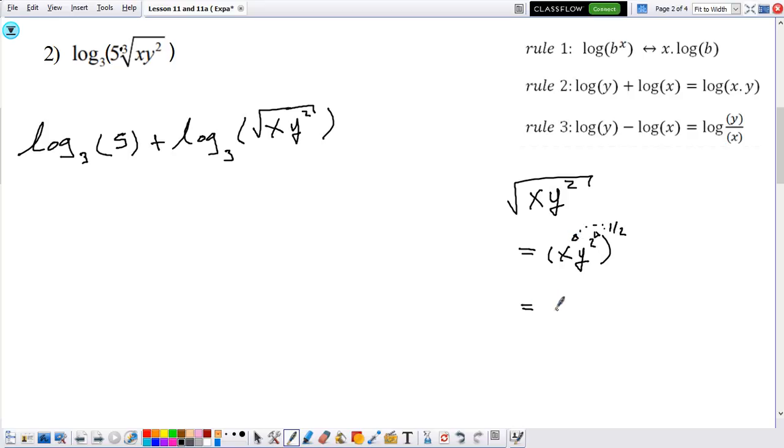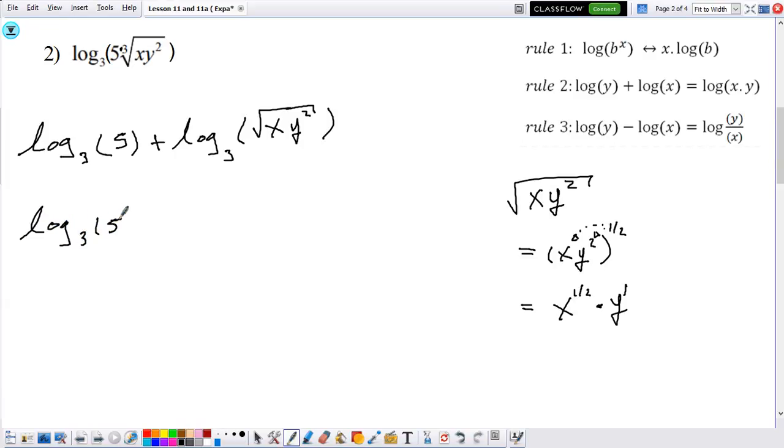So now you have x to the 1/2, y to the 2 times 1/2, but this is just 1, so let's just rewrite it as 1. So I know that the square root of x y to the second is the same as x to the 1/2 times y to the first. So let's rewrite this.